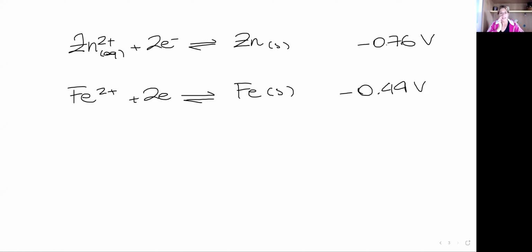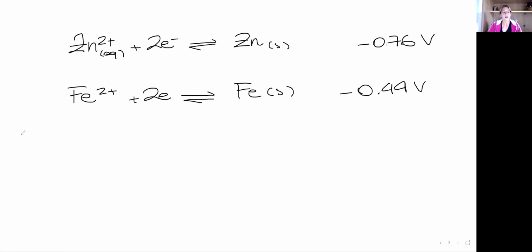A bit more complicated is if we're comparing, for example, two reductions of metals. Now, thinking about what we said before about the definition of electrode potential, the meaning of the negative value, more negative, more positive, and what it means in terms of oxidizing and reducing agent, I would like you to take a moment to think about which one of these two would be reduced and which one would be oxidized, or find the reducing and oxidizing agent.